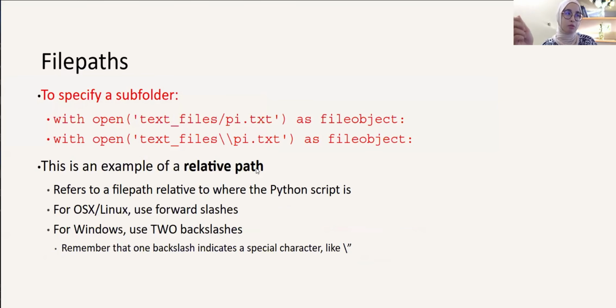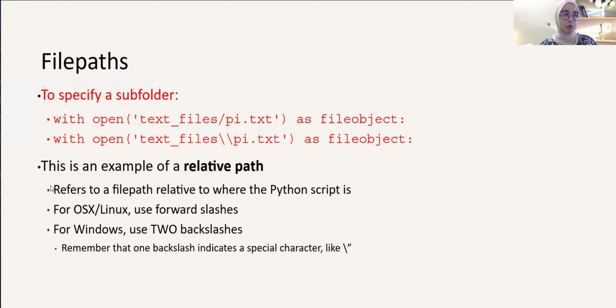File paths are also very important to specify a subfolder. You can use this for now. With open, you just specify the file path. This is just an example of a relative path, which refers to the file path relative to where the Python script is.